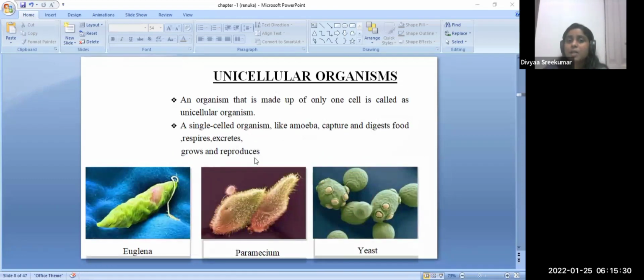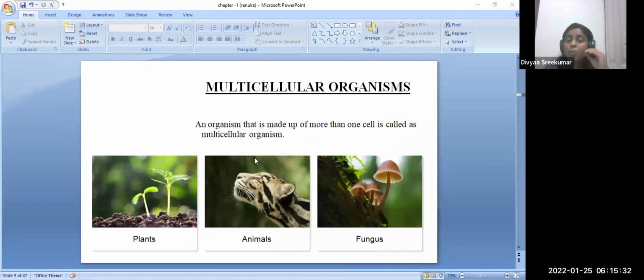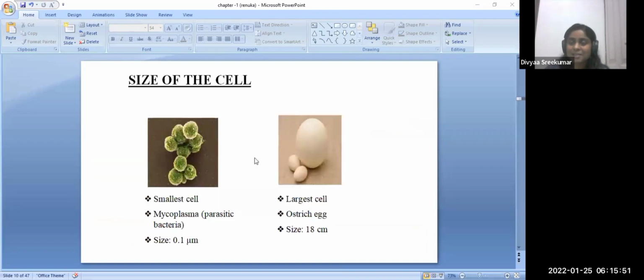Multicellular organisms are those which have more than one cell. We humans, animals, and plants all come under multicellular organisms. It's not like a single cell can do the whole work for us. No, it's a combination of different cells working together and creating the different life processes in multicellular organisms.